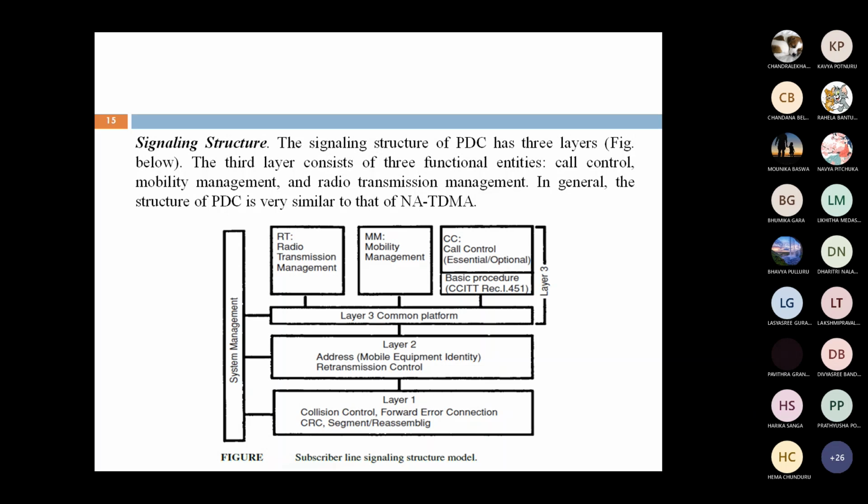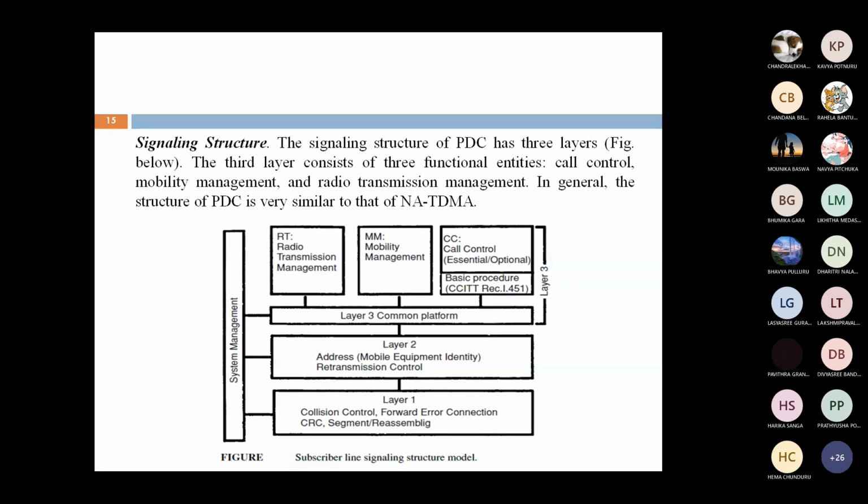What is the signaling structure used in PDC? The signaling structure is based on the ISO OSI layer model. In PDC, the signaling structure has only 3 layers. First, layer 3, the top layer, consists of 3 functionalities.